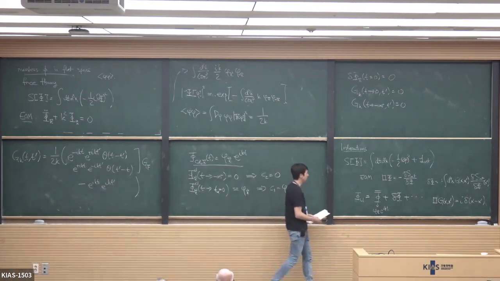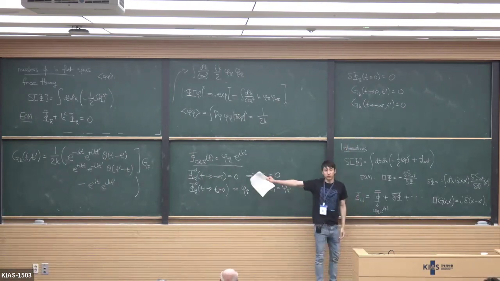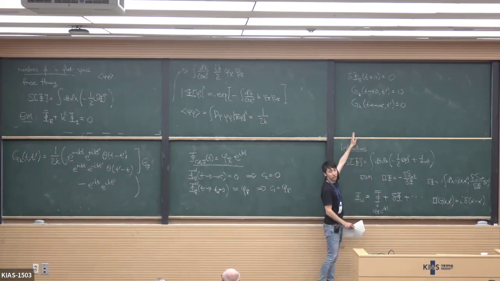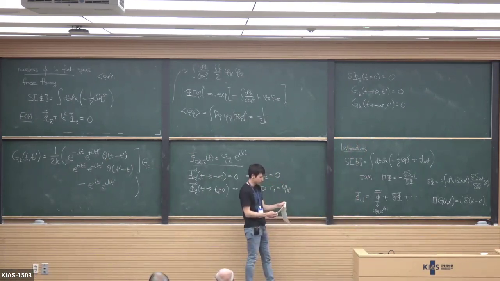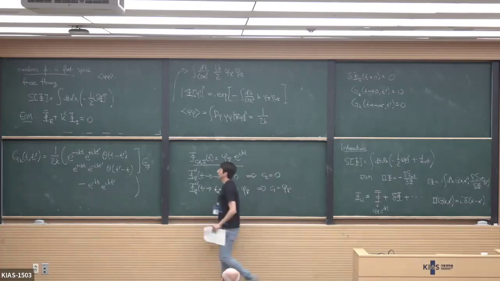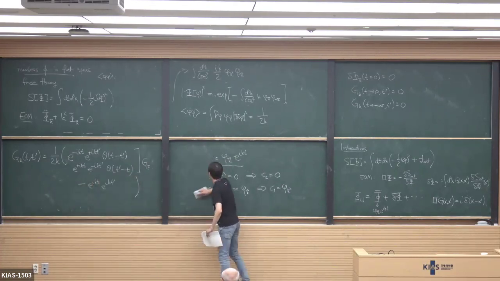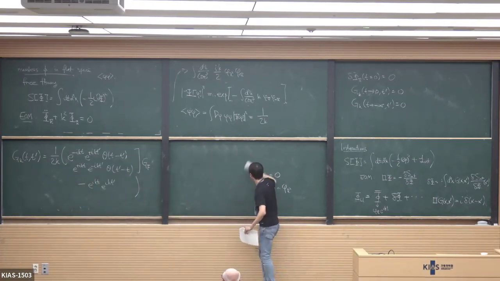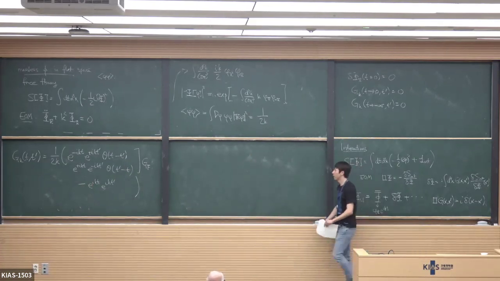And then I'll leave it as an exercise that the Green's function that I wrote down over there does satisfy the boundary condition over there. So with these ingredients, you can now compute the wave function with any interactions.